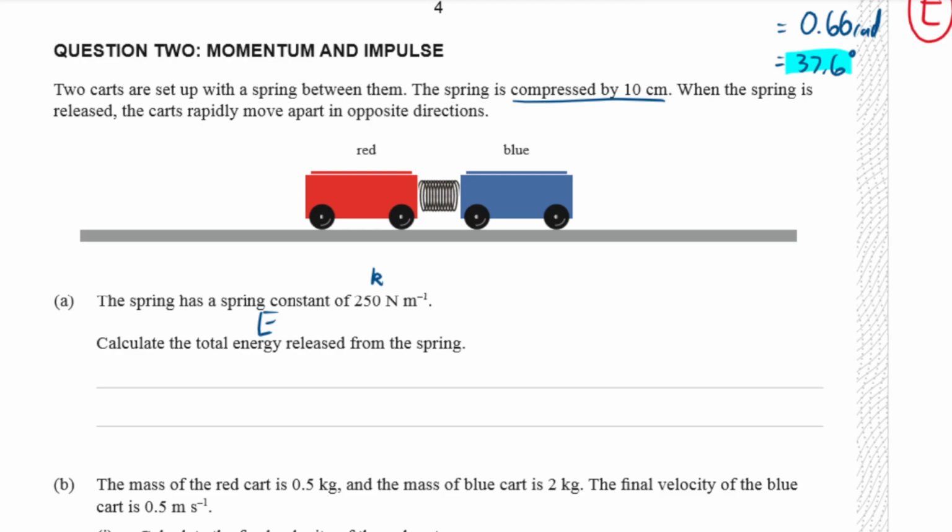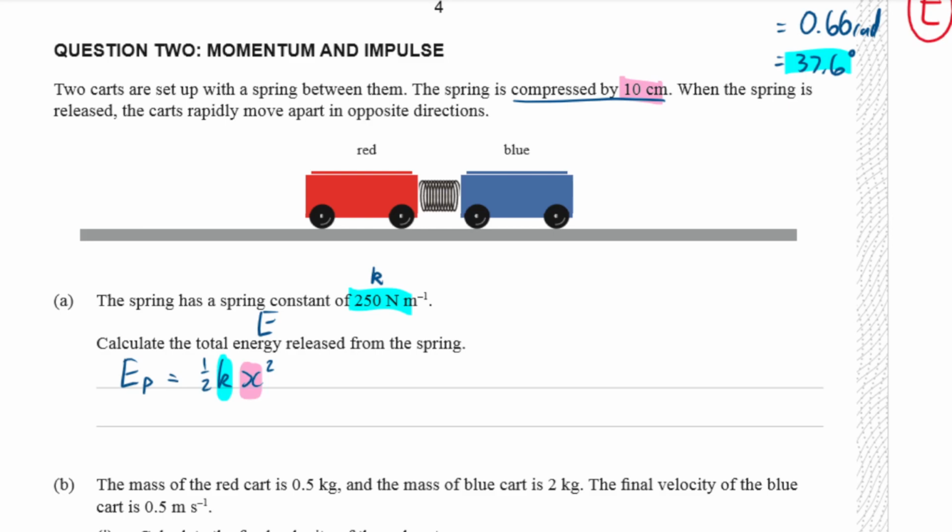Now, looking at our data booklet, we know the equation for elastic potential energy, E subscript P, is equal to half times K times X squared, where K is the spring constant and X is the displacement of the spring, like how much you've compressed it relative to its equilibrium position, or how much you've pulled it back relative to that equilibrium.